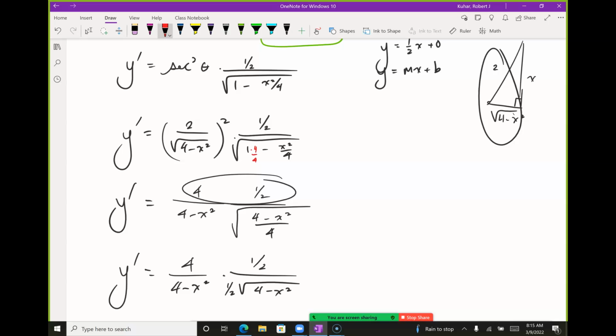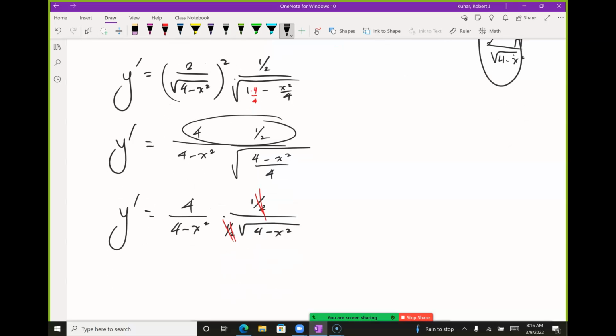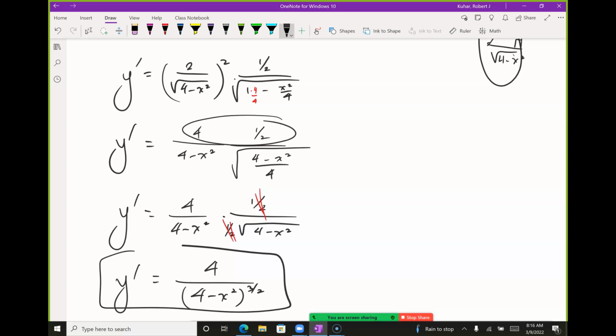And now I can see that these 1/2s cancel. Is everybody okay there? So y prime is 4 over 4 minus x squared, all to the 3/2. And there's a nice answer.